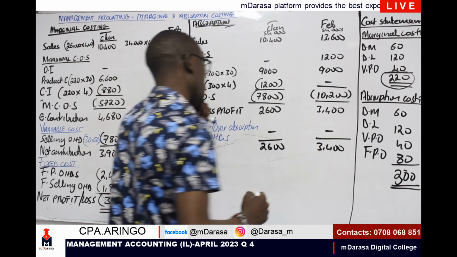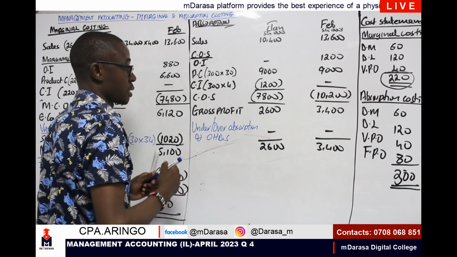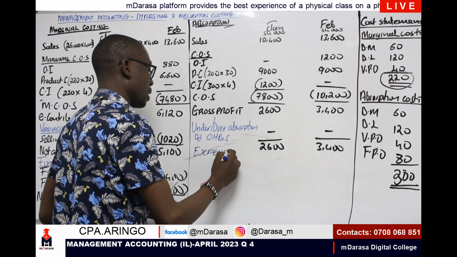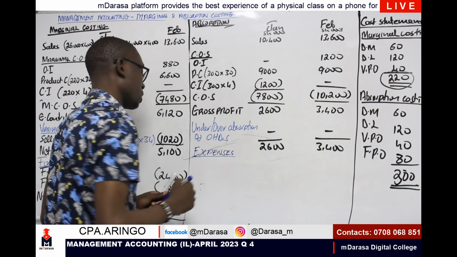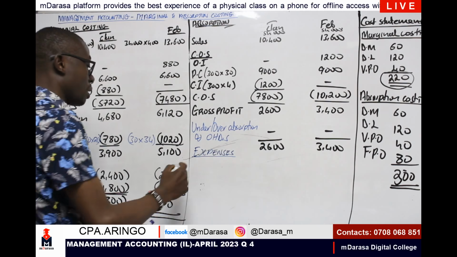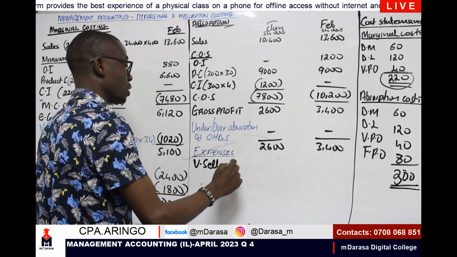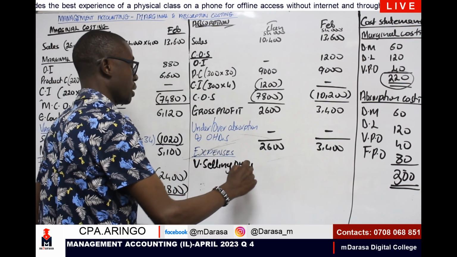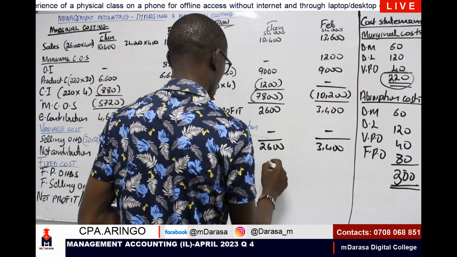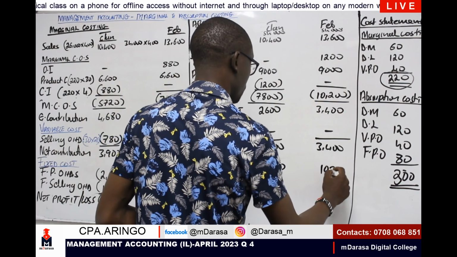So at the end of the day, let us talk about our expenses. Our expenses will be easy because I'm just taking our selling expenses, which are variable selling overheads. I'm going to copy and paste. We had it here, which was 780, and for the month of Feb was 1020.